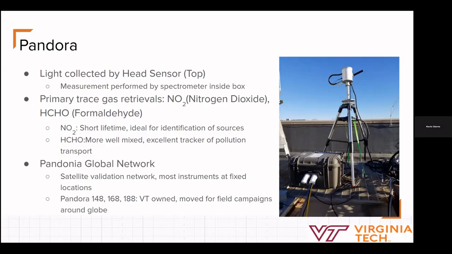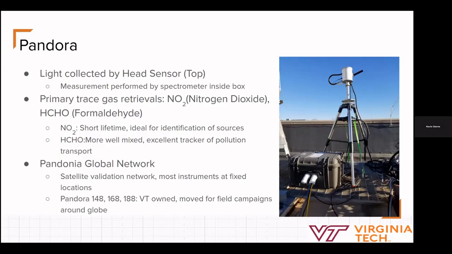These trace gases have very strong and unique absorption spectra within the wavelengths measured by these Pandora spectrometers, and also have very unique behaviors that can be used to estimate the behaviors of other less easy to measure trace gases.